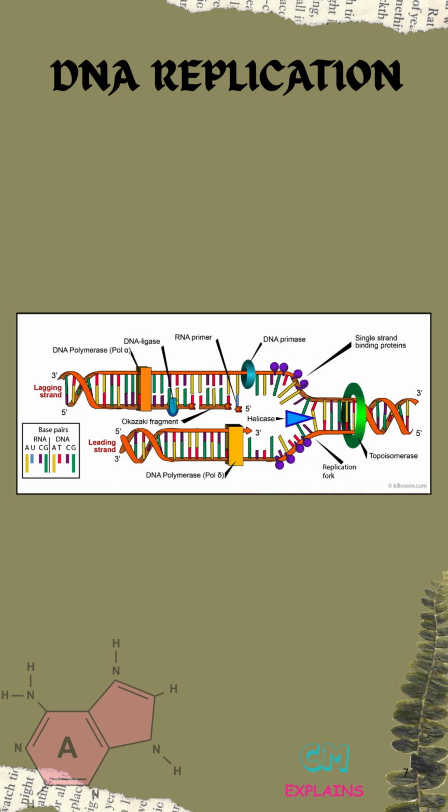The lagging strand replicates discontinuously. It needs multiple primers, and this discontinuous replication forms what we call Okazaki fragments. Why does it form these Okazaki fragments?